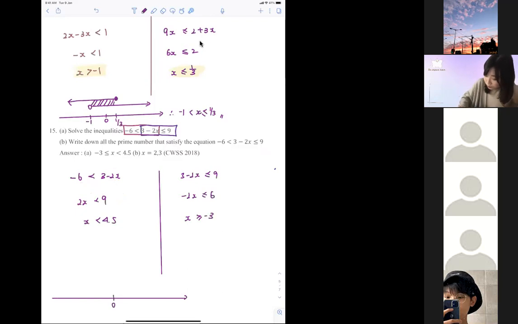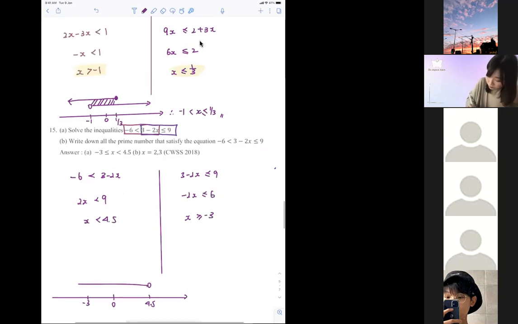This is your 0, 4.5 is here, minus 3 is here. X must be smaller than minus 4.5. Okay, but x must be more than or equals to minus 3. Can you see? It's in between here. So x is in the middle. Put your 4.5 and your minus 3. That is shaded here. So remember to put your equal sign.